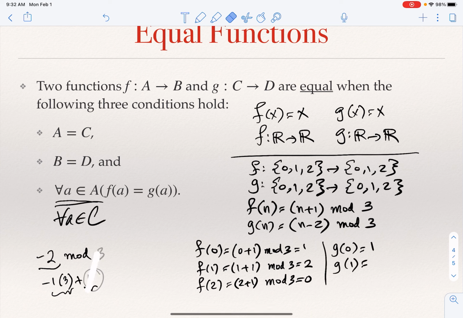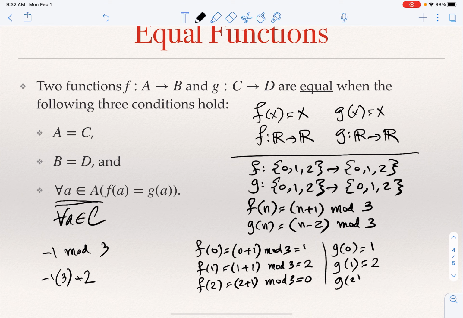What is g of 1? If I look at 1 minus 2, it's minus 1. Minus 1 mod 3. It's minus 1 copies of 3, so minus 1 times 3 is minus 3. I need to add 2 to it to get the minus 1 here. So this is 2, and similarly g of 2 is 0.